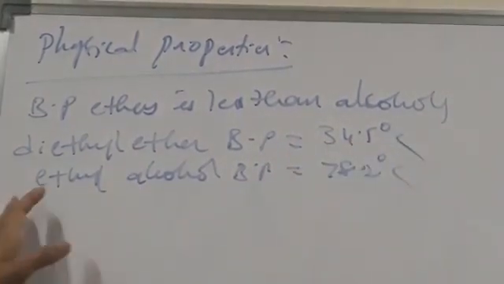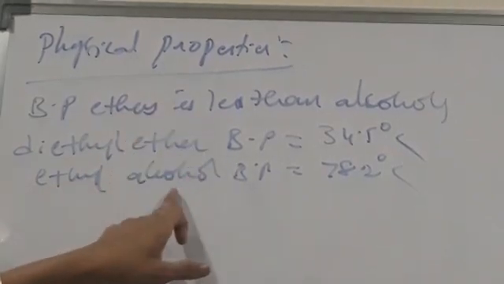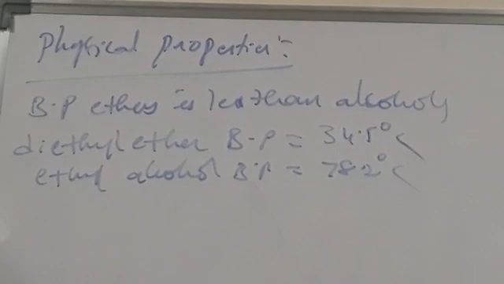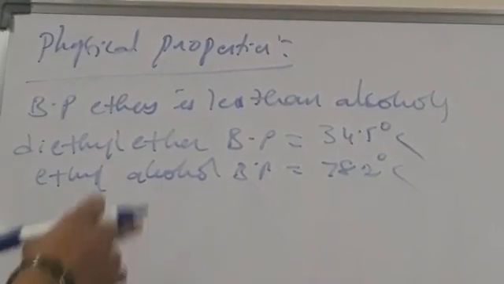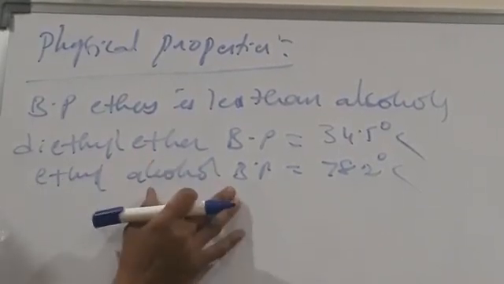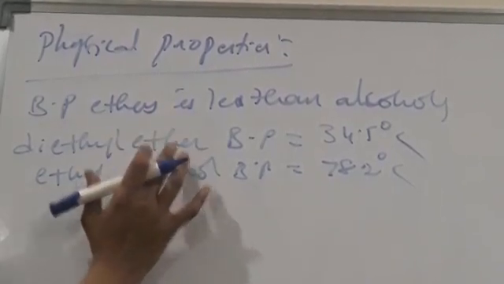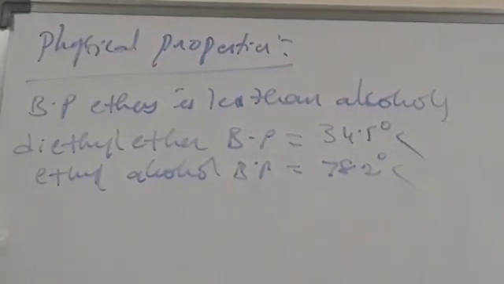So boiling point of diethyl ether is less than that of ethyl alcohol, even though it has the high molecular mass. Why? Because ethyl alcohol forms intermolecular hydrogen bonds, whereas diethyl ether does not form intermolecular hydrogen bonds. Okay. So that is the reason.